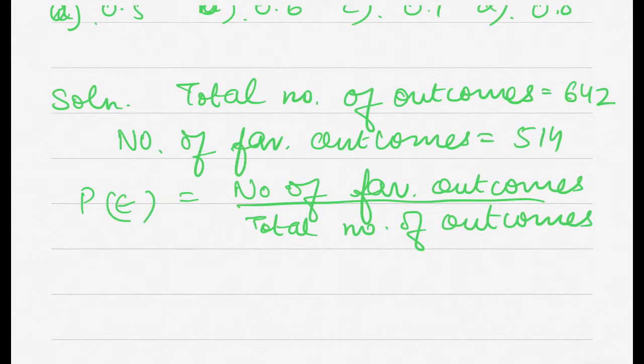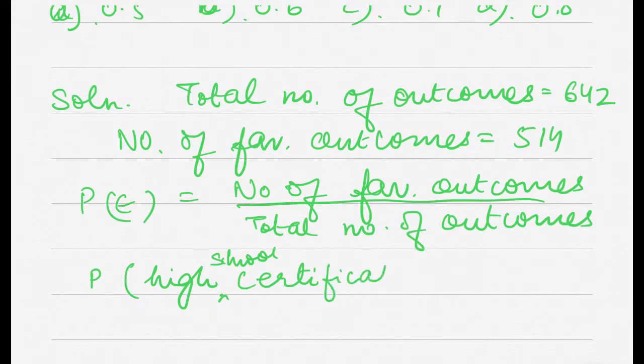For multiple choice questions you don't need to write down the formula, but if it was not a multiple choice question, then definitely you have to write it down. So probability of having a high school certificate will be equal to 514 by 642.